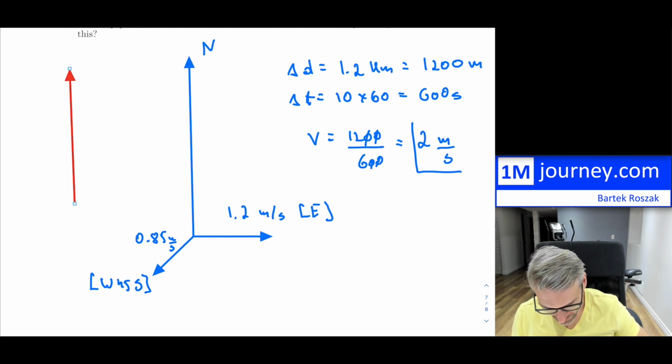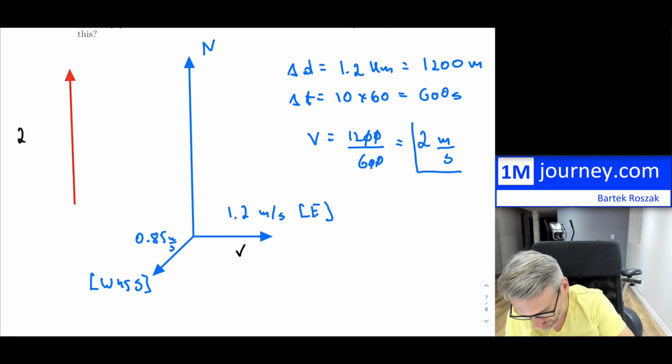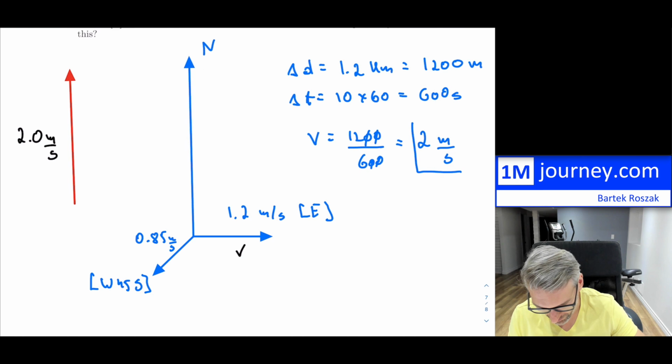Now let's take this guy right here. We want this to be at 2 meters per second north. That's the ultimate goal. And this is going to be getting pushed out here.